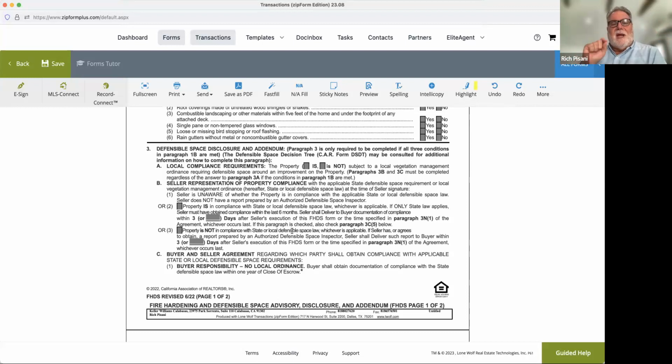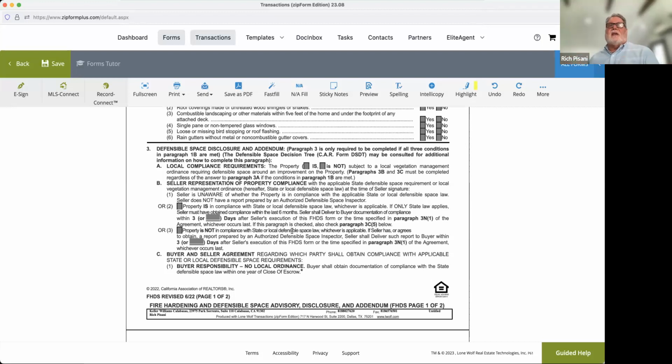So first, 3A asks, is there a local compliance requirement? So the property is or is not subject to a local vegetation management ordinance requiring defensible space around an improvement. So that's something the seller should know.